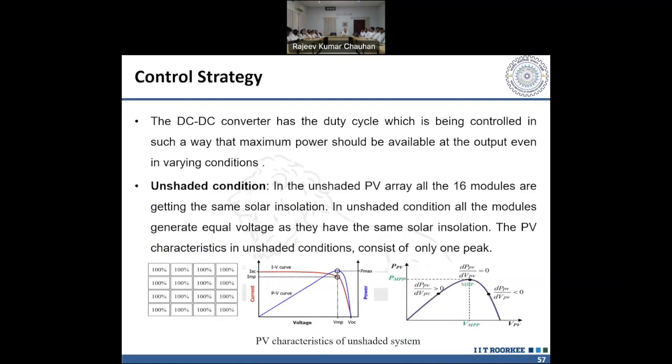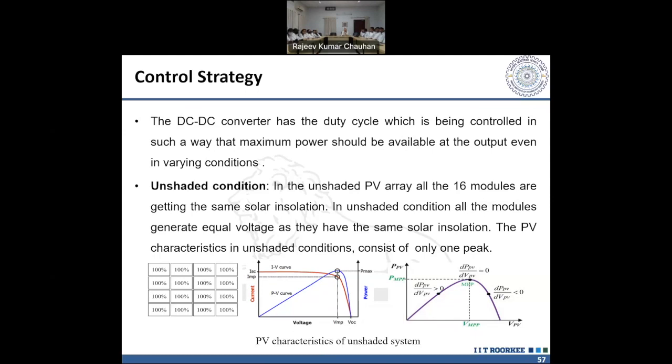This is the voltage curve of the solar panel and this is the current. What is the power? Voltage is V, current is I, power is VI. So the panel is supplying this. What is the panel power curve? At each instant you have to multiply voltage and current.